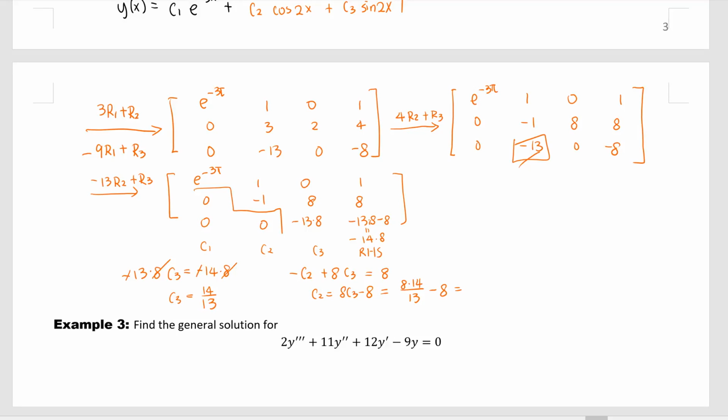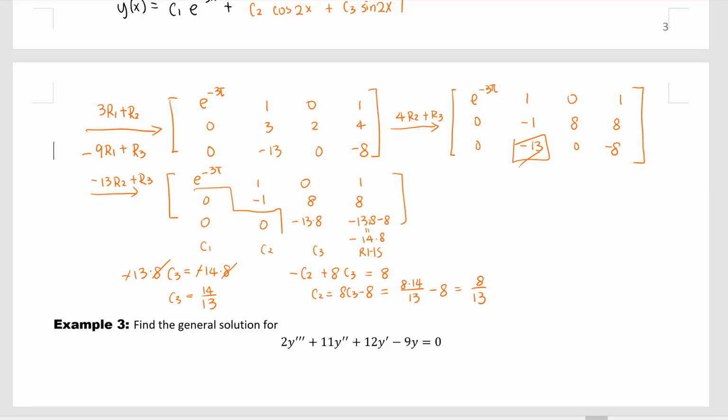Okay, so here it's better to use our calculator. So we have 8 times 14 over 13 and minus 8. So the answer is 8 over 13. All right. And then we can continue and plug in the first row. So we plug in the first one.